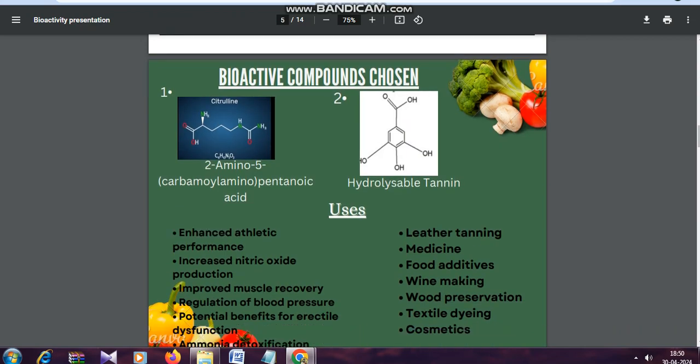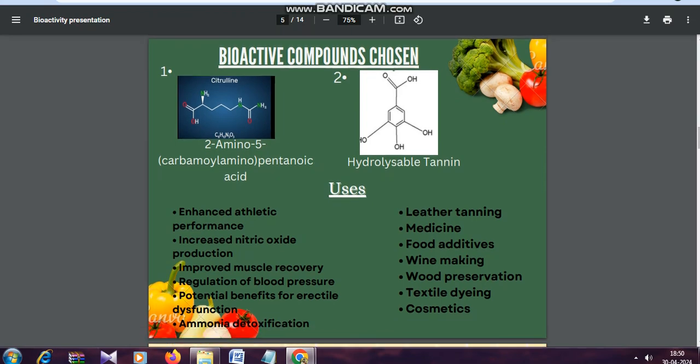So I have chosen citrulline and tannin as bioactive compounds. Mainly I have chosen L-citrulline and hydrolyzable tannin.